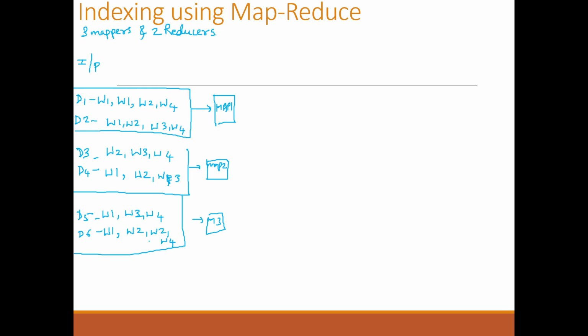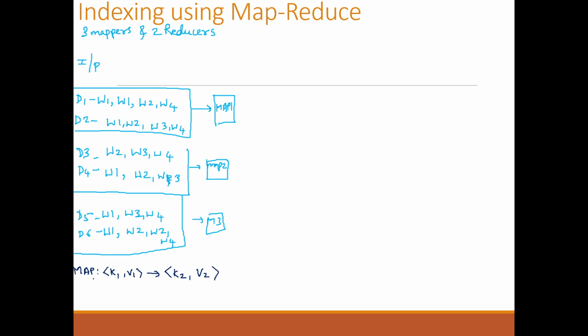Whenever you are designing a solution using the MapReduce technique, you are expected to specify what will be the input to the map function and what will be the output. We know that it should be a key value pair, and this key value pair is getting converted into some other key value pair.